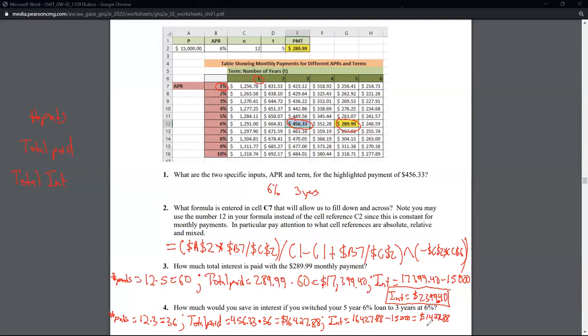Now, I'm not boxing that up because that's not the answer. Again, they did not ask what's the total interest on the loan. They said, what's the savings?